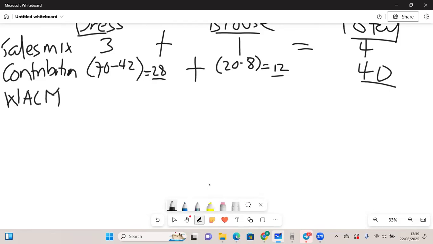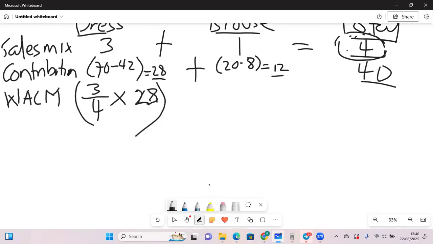For the dress, they have to sell 3. We divide it by the total sales mix, which is 4, times its contribution, 28. This is going to give us 21.